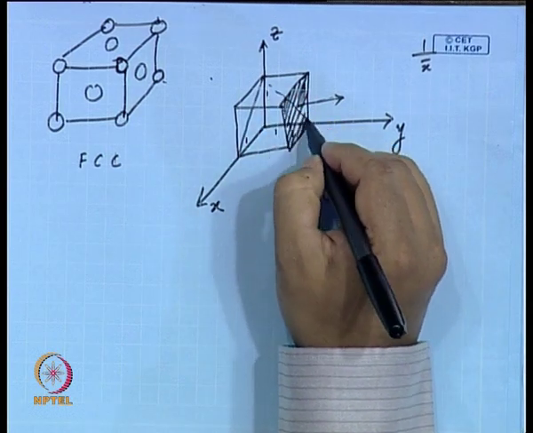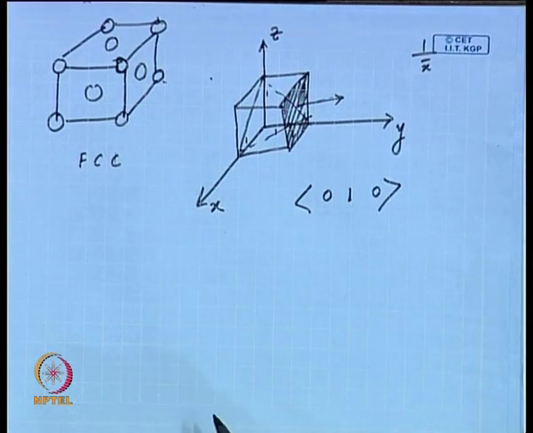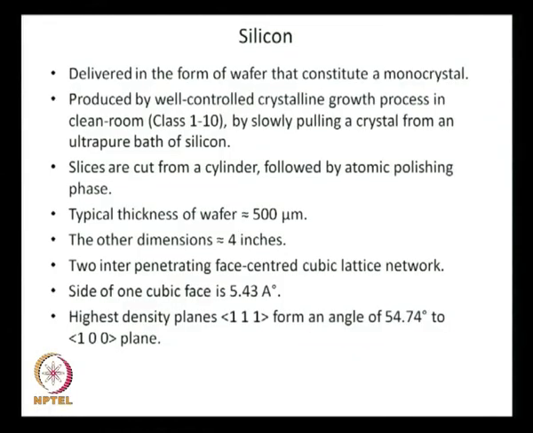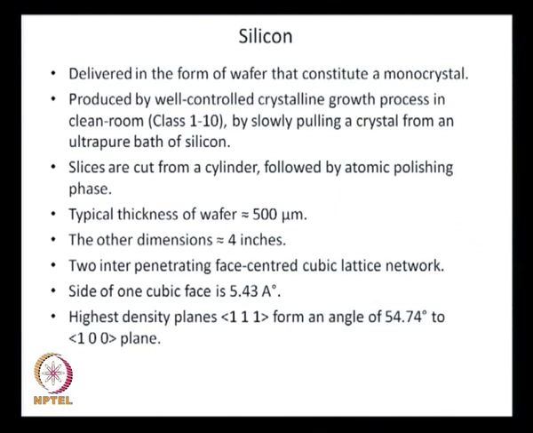So, how would that be? What I can think of is something like this. It is cutting all the axes. So, you have the 1 1 1 plane. What you have in silicon is that the highest density planes are 1 1 1. When you have this face centered cubic lattice, this interpenetrating network of face centered cubic lattices, separated by 1/4 unit distance along each axis, in that case you have the highest density plane as 1 1 1.